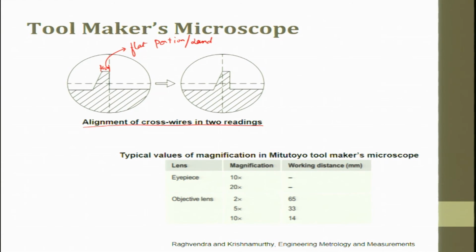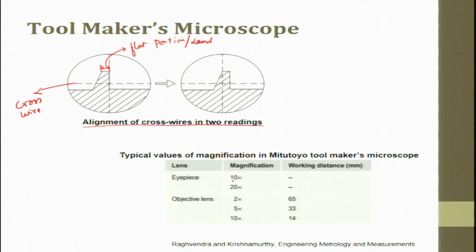So, first what you do is you put the focus, at the eyepiece, you will always have this as a cross wire. So, this cross wire is aligned to one side, the one edge where the land starts, and you have to move it to the other end of the land, and then you try to get the readings. Okay. So, here you should also understand there are magnifications also there.